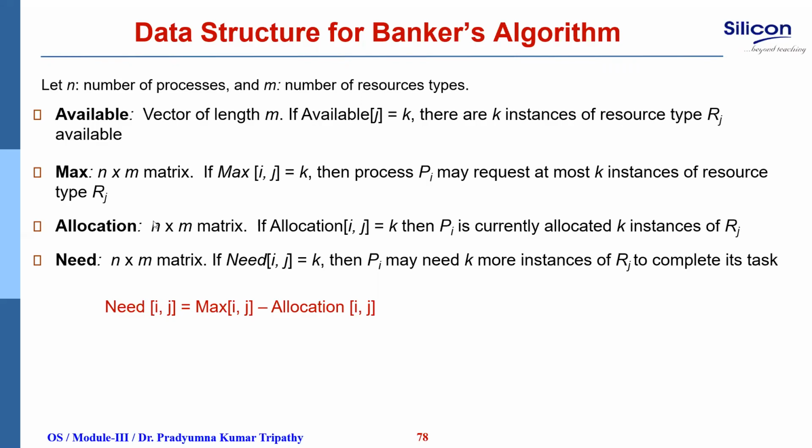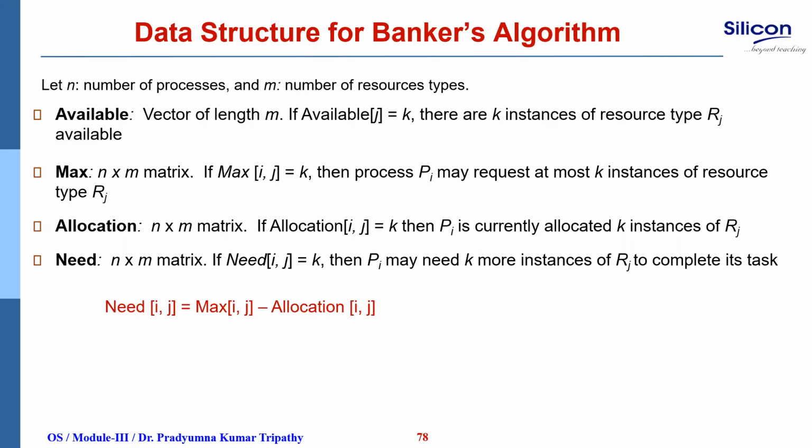Okay, if I say max of P5 comma hard disk equals 3, that means process P5 has a maximum requirement of 3 hard disks. i is the process, j is the resource, k is the number of instances. So what is the maximum need for a particular process?